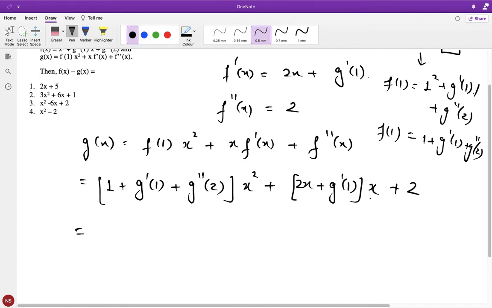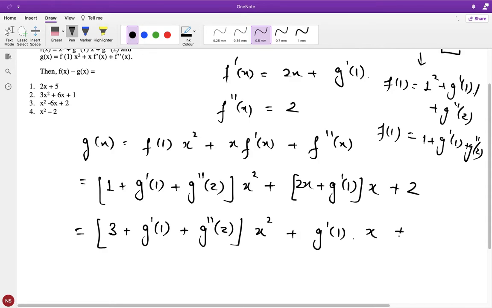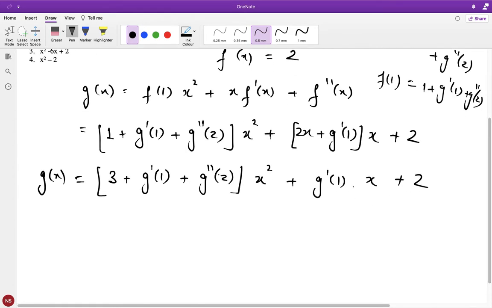So you will get 2x square from here. So 1 plus 2 will be 3. So 3 plus g dash 1 plus g double dash 2x square plus g dash 1 into x plus 2. This will be gx. Now remember, g dash 1, 2, g double dash 2, g dash 1, 3, all of these are constants.